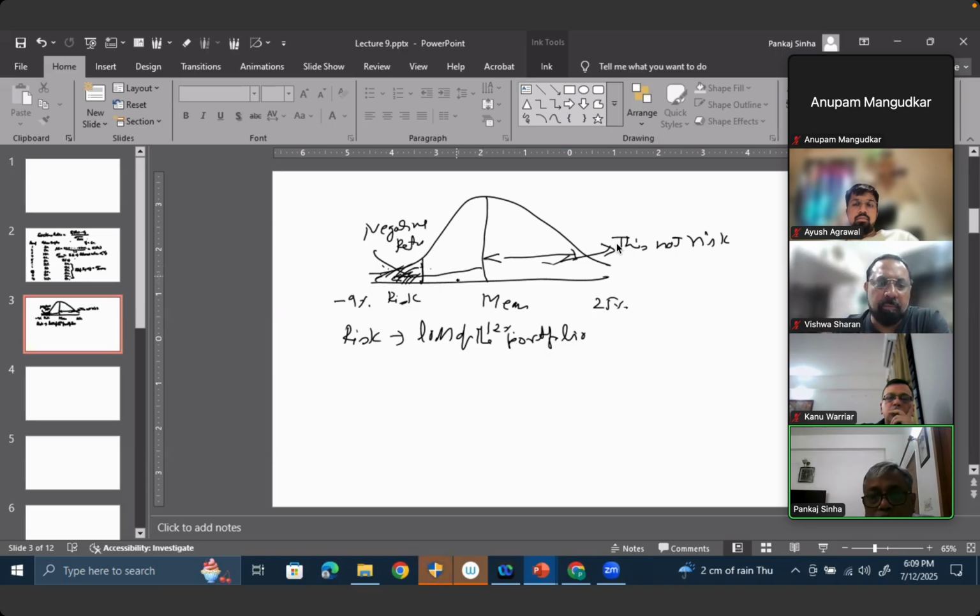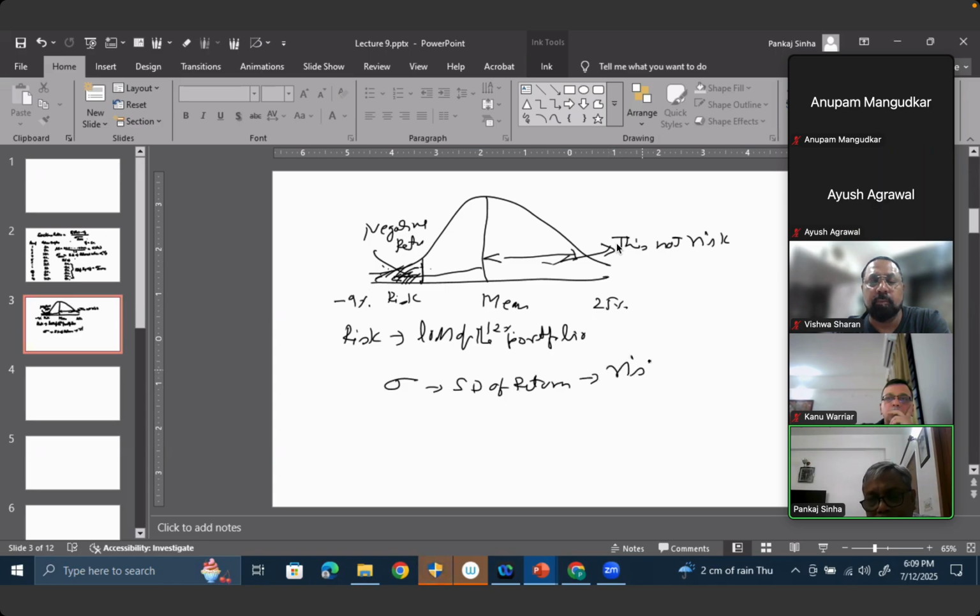We take SD of investment return as a risk. But SD measures both sides, the positive side and the negative side.